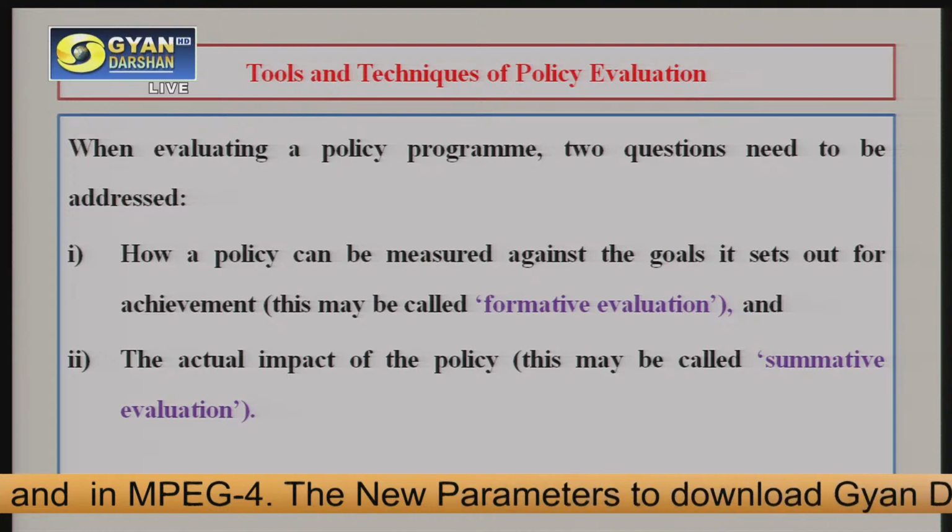For example, the first question: how a policy can be measured against the goal it sets out for its achievement. There are various tools and techniques available. You can take the national health policy, for example, if you are introducing a new hospital, you may know about the impact only after a few years.